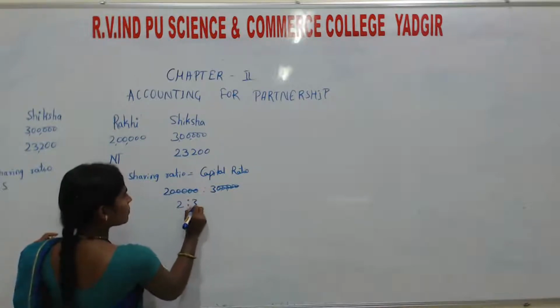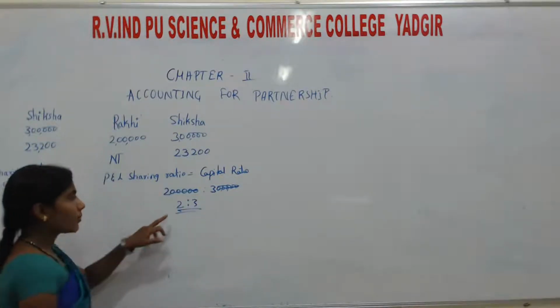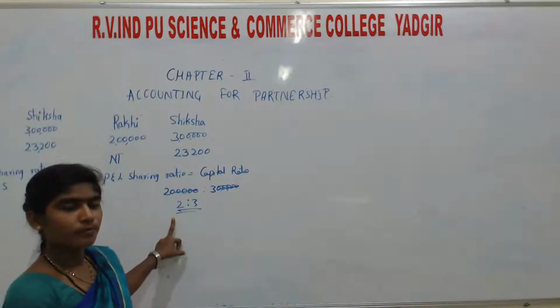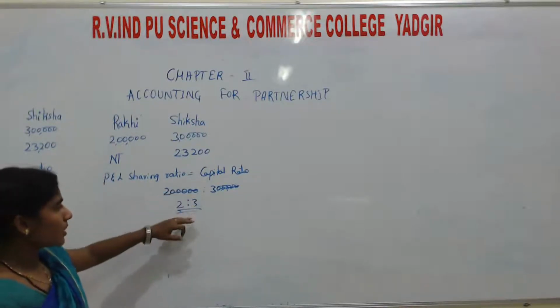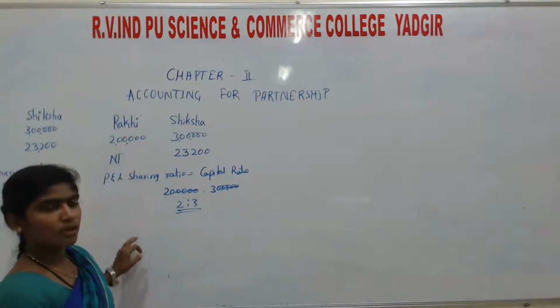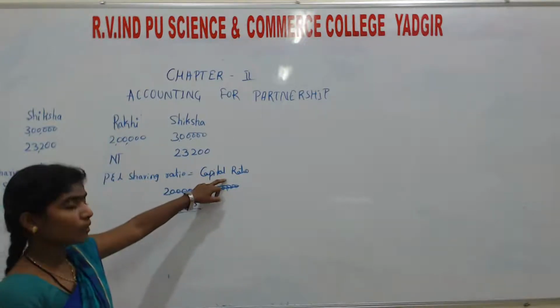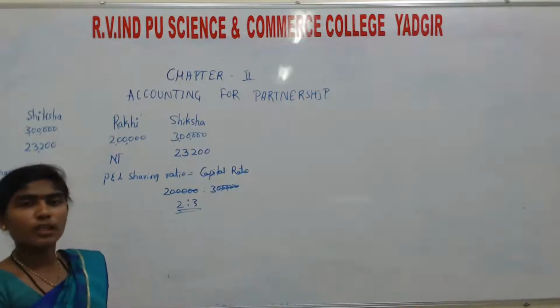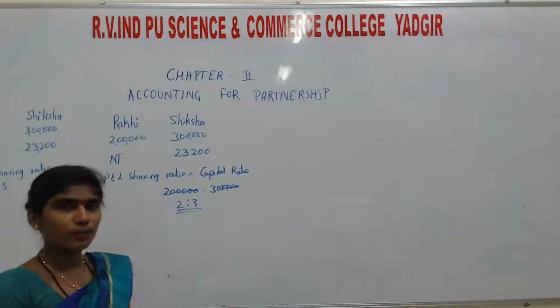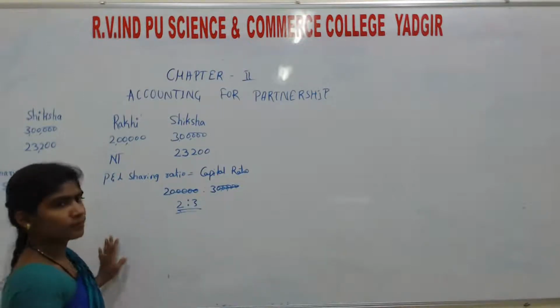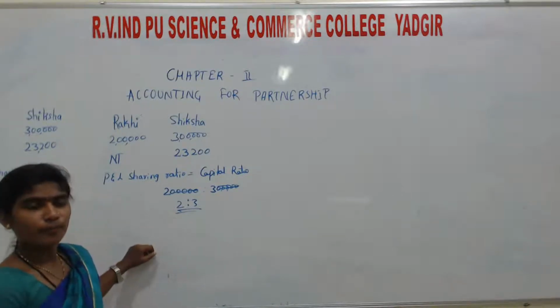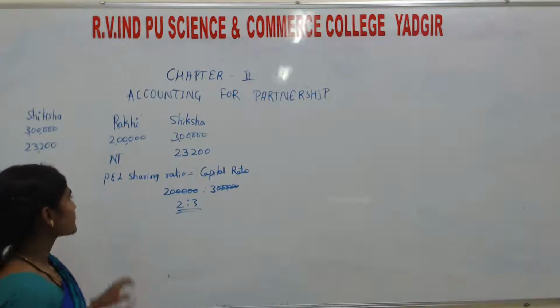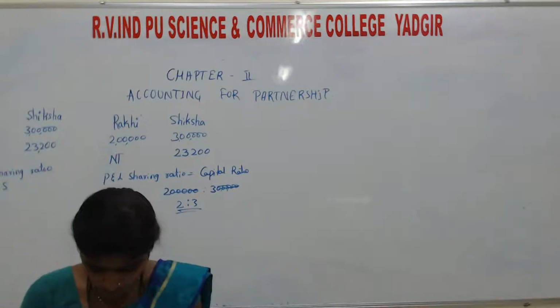Then 2 is to 3 is the capital ratio of the partners. On that capital ratio, they are distributing the profit or loss of the partnership firm. So it is a profit sharing ratio. Okay. Next information.